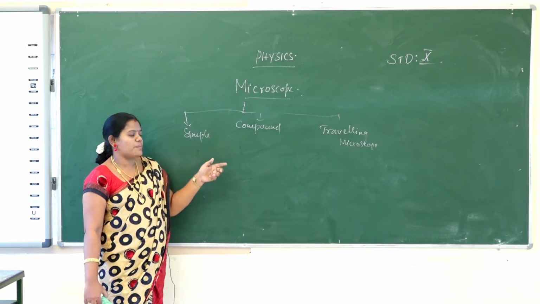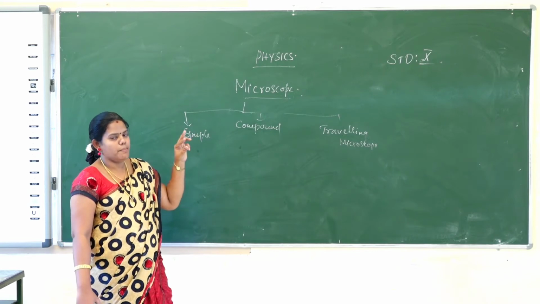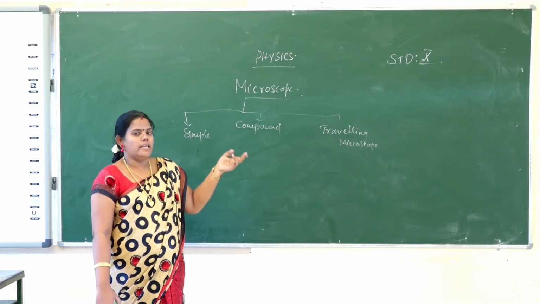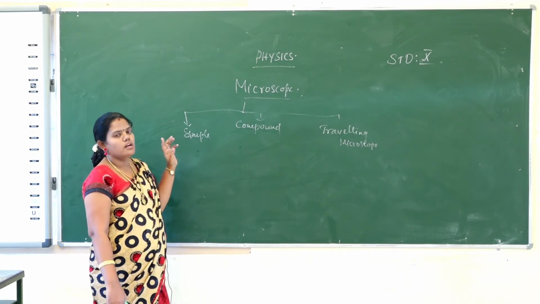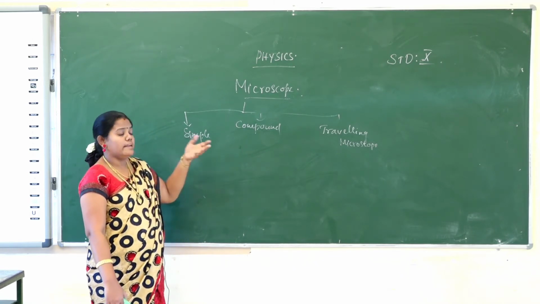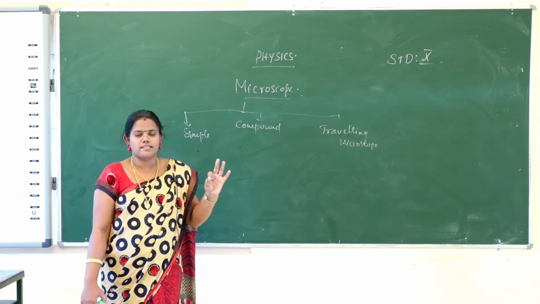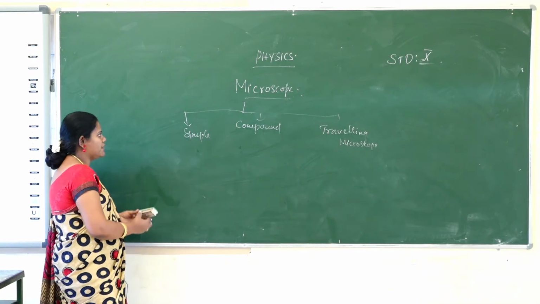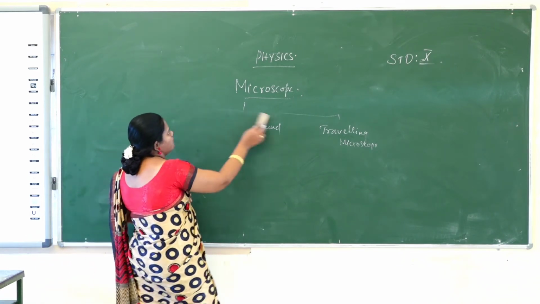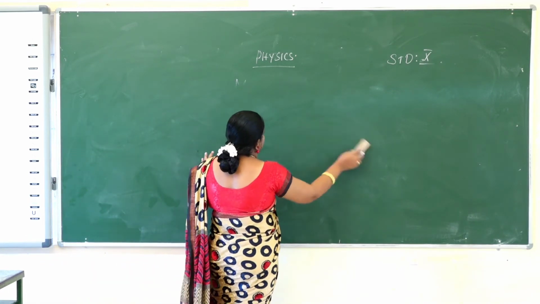But a compound microscope has two lenses, so it magnifies many more times, nearly 50 to 200 times compared to the simple microscope. And the travelling microscope gives very accurate magnification of objects. So first I will explain the simple microscope and the compound microscope. Okay, first the simple microscope.